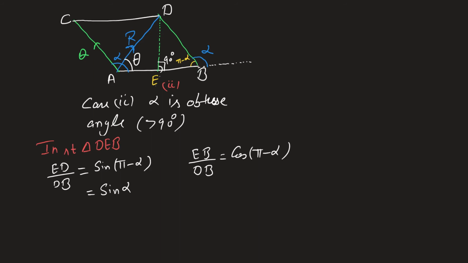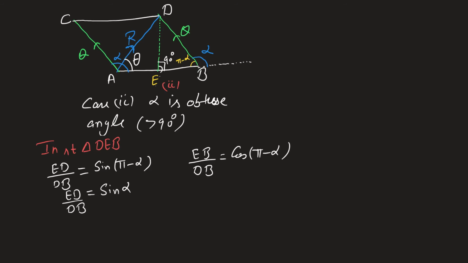sine alpha, ED upon DB, and you know DB will also be Q. Fine.